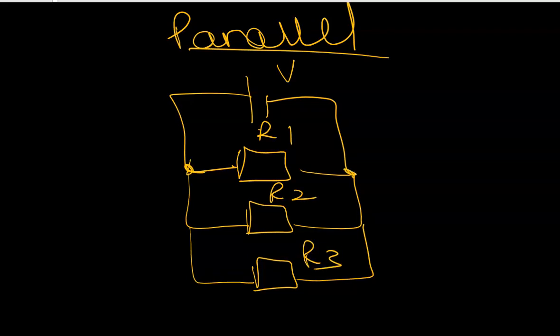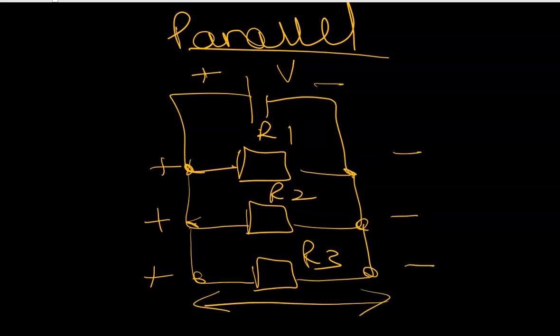Because the connections, the positive and negative, are such that you are connecting wires across the battery, the potential difference across each branch is the same. The potential difference across here is the same as across here, and here, as V.